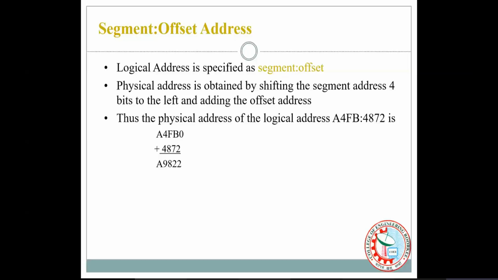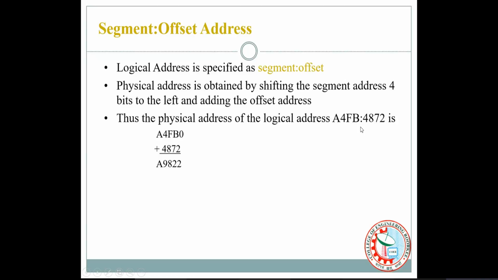A logical address is specified as, there is another way of writing it, segment colon offset. This is also written like that. The segment will be written first, then a colon, then the offset address. So if the physical address is to be obtained by shifting the segment address, what is needed here? Now look at the last line, A4FB colon 4872.